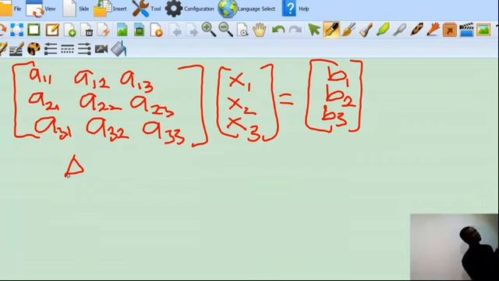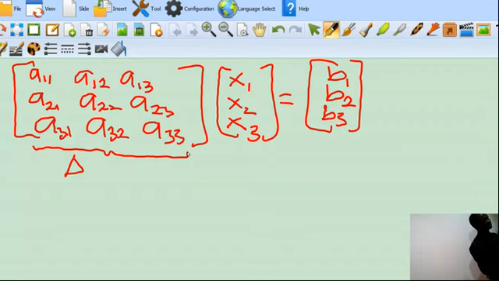Now, if we are going to obtain three other determinants, which are like sub-determinants, by replacing this B1, B2, B3 into this original matrix in order to get other determinants that we use in our formula to obtain our unknowns, what are we going to do?